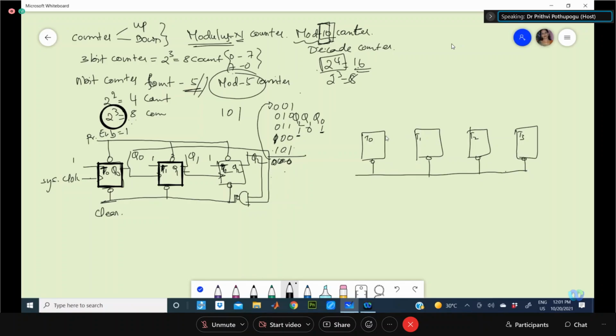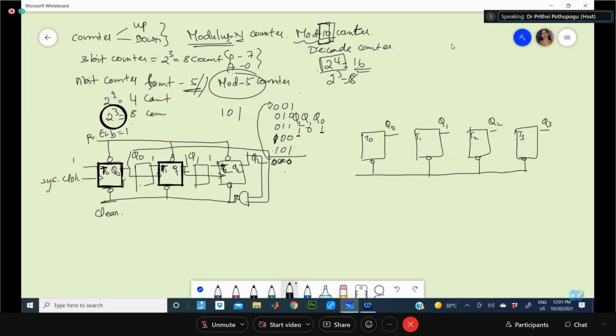So this will be Q0, Q1, Q2, and Q3. Whether it is an up counter or down counter, you decide which one is connecting to this, or else use a control gate. That whole story will hold good for this design also. Only the concept of how to implement that up-down counter into a modulus count I'm taking.